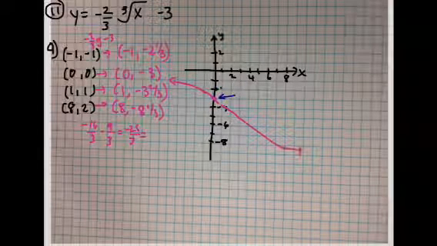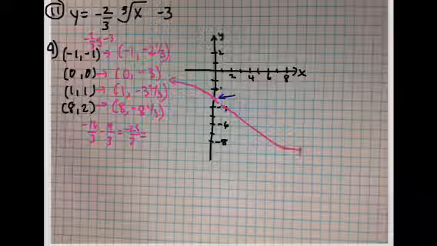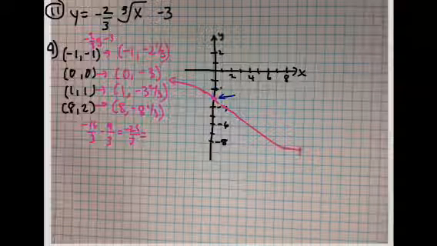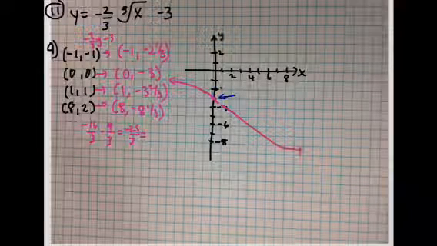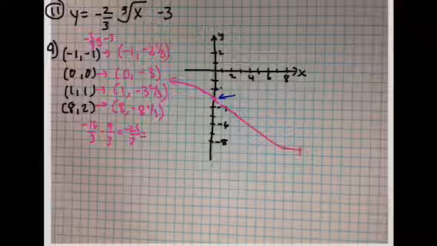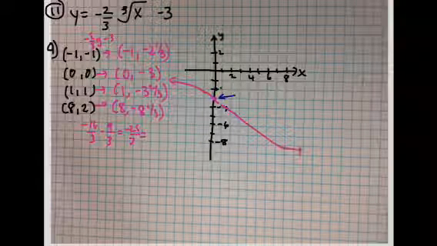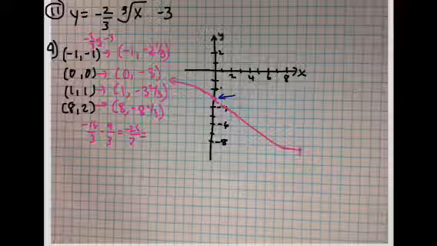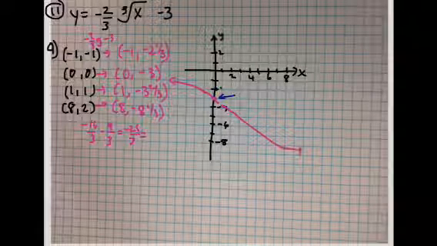Okay, what else? State the domain and range using the notation. So for number 11, they want you to use set notation. So to say that it's all reals, because the domain and the range is all reals for any cube root function, and any cube function for that matter.